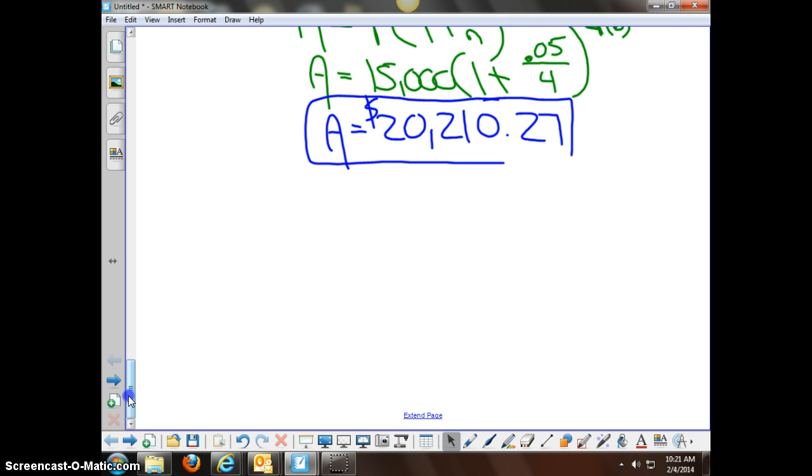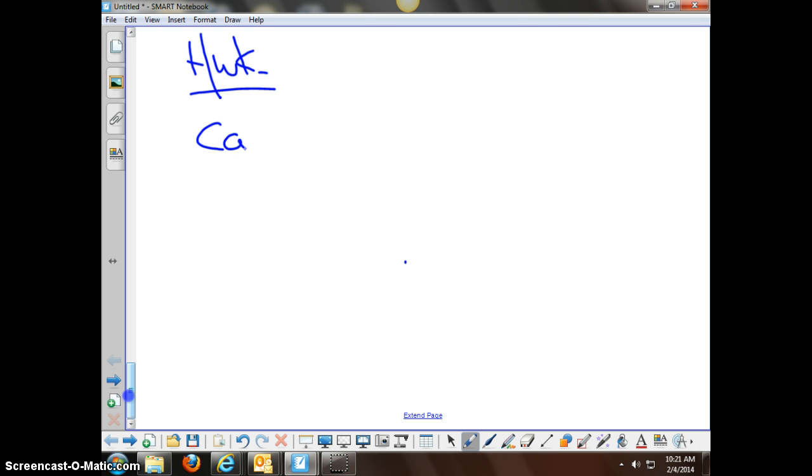You guys can write this in your notes. Homework. Calculate the compound interest, and this will be on a video too, but you can go ahead and write it down.